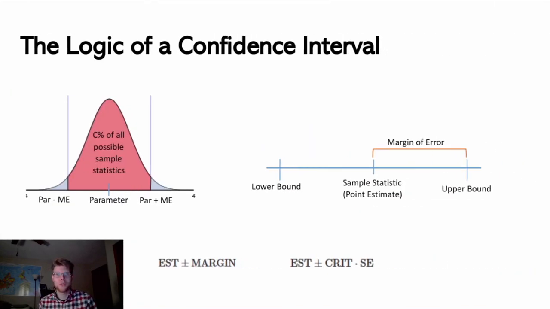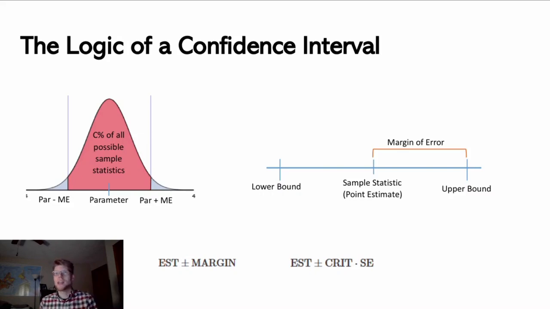Okay, so we're going to focus first on confidence intervals. So the way that I would think about it is if the distribution of our sample statistic is normally distributed, which is the case for beta hat naught and beta hat 1, then there is just a parameter somewhere here, and most of the possible sample statistics I could see are going to be clustered around that parameter.